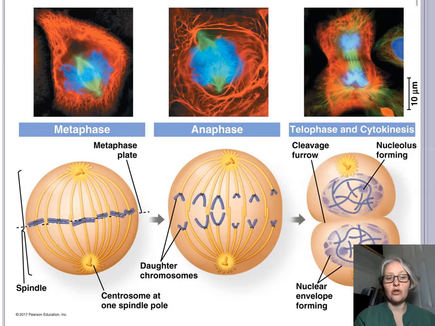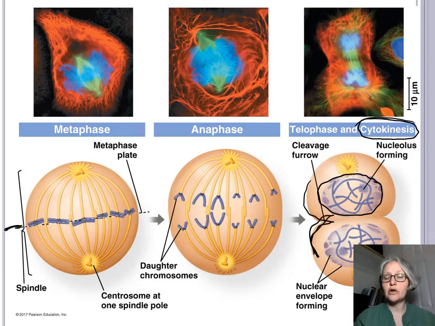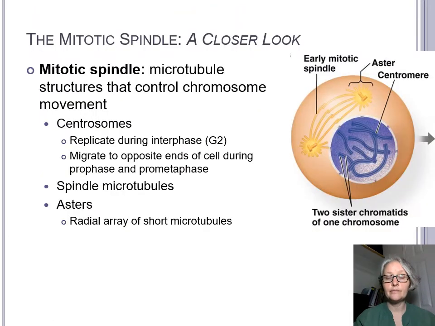In metaphase, all the chromosomes have lined up on this halfway point. In anaphase, the sister chromatids begin to separate, and then in telophase, the nuclear envelope begins to reform. The DNA goes back into chromatin form. And this picture does a nice job of showing us how cytokinesis is also occurring. You can see that the cell is starting to split apart.